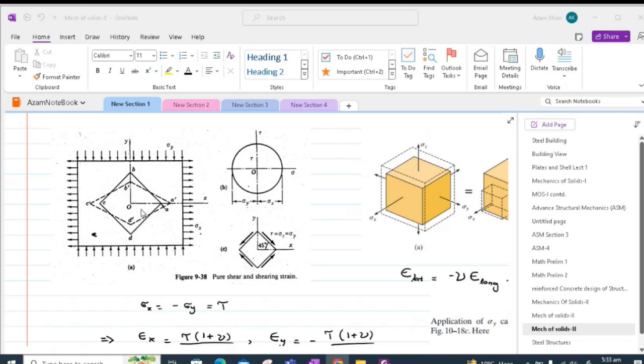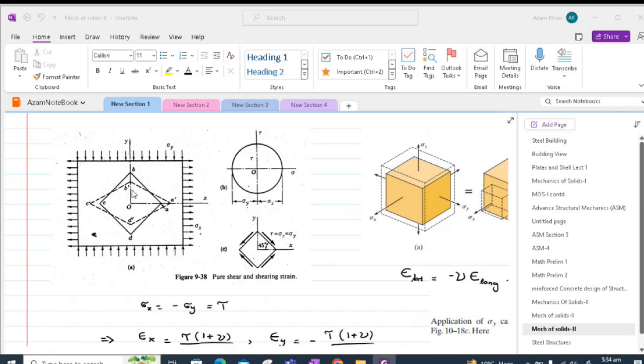After deformation, the dashed profile shows that the angle between A prime D prime and A prime B prime has reduced from 90 degrees. Similarly, the angle between C prime B prime and C prime D prime has decreased from 90 degrees.